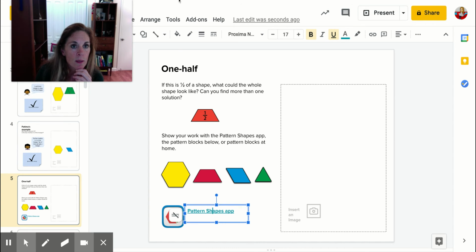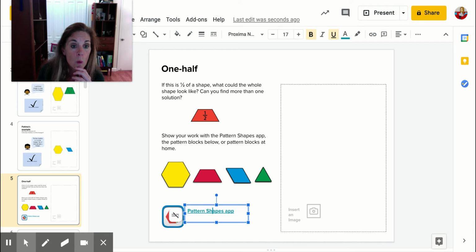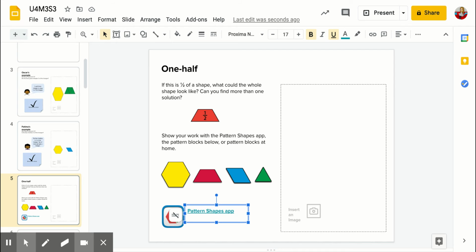I don't think you can. But you can see that you can pull out that yellow hexagon, because that's your whole. Well, actually, no, it's not. So you can grab your red trapezoid. Half is how many pieces of the whole.